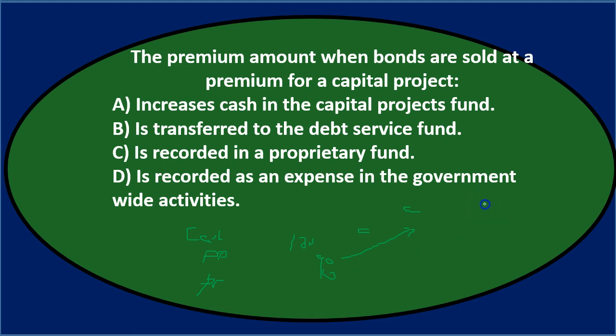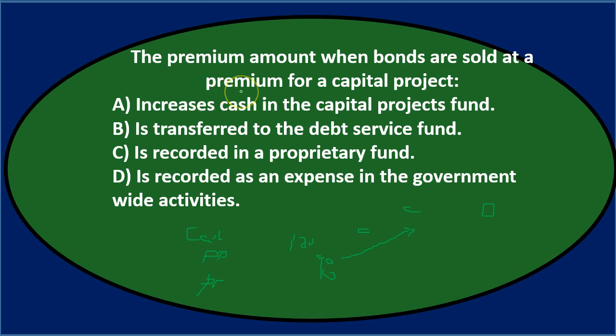And then if we think about the debt service fund, you would think that the liability would go in the debt service fund, but it's not. What we're going to do is just put the premium amount in the debt service fund because it's basically related to interest. So oftentimes we're going to put the premium in the debt service fund, debiting the premium there, and credit again other financing sources.